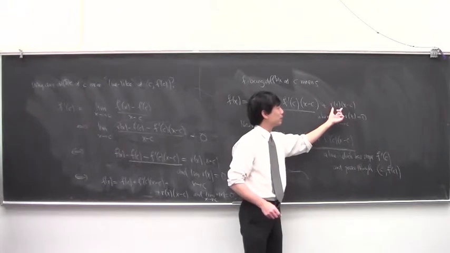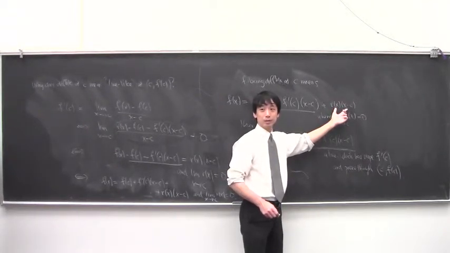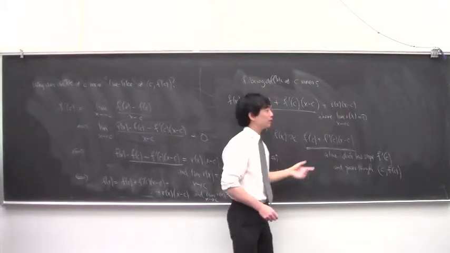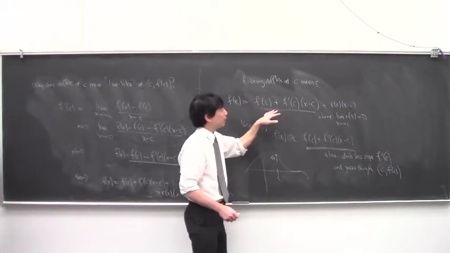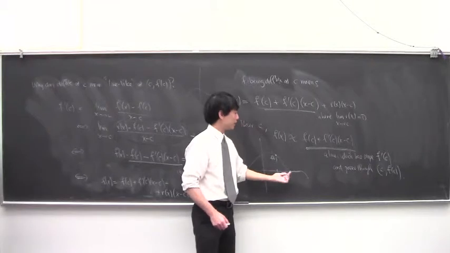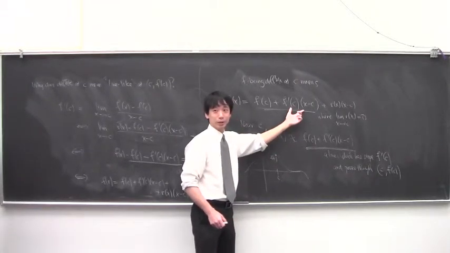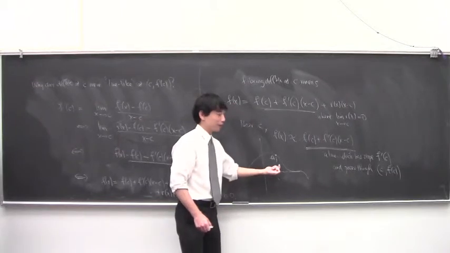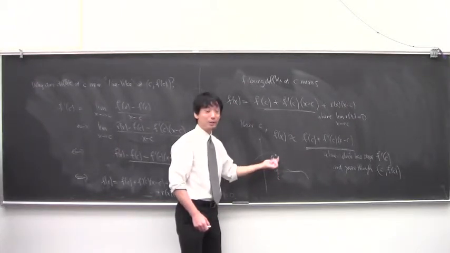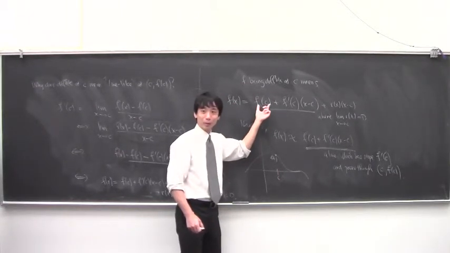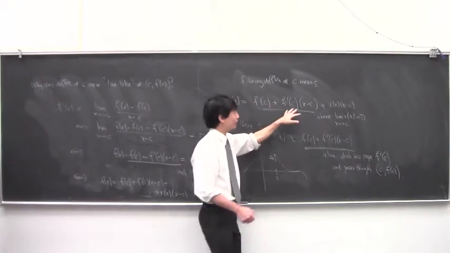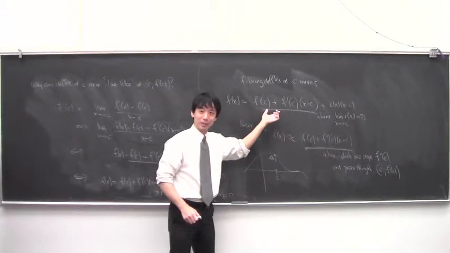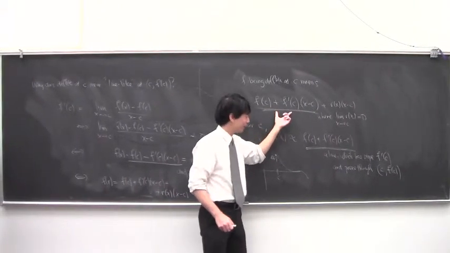Not exactly, because this will go to 0 faster. Oh yeah, I see. Because you've got something going to 0 times something going to 0. Right. So it's true. You could say, well, as x goes to c, this also goes to 0. But then the information you get out of it is that your function goes to f of c there, which is useful. But that's not what I want to focus on right now. But we'll actually focus on that in a second. So yeah, not bad.